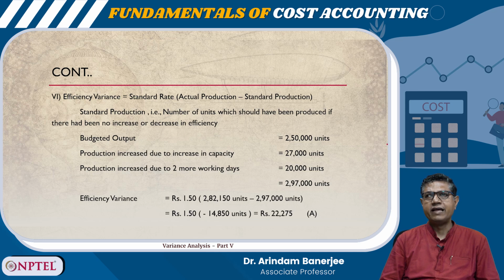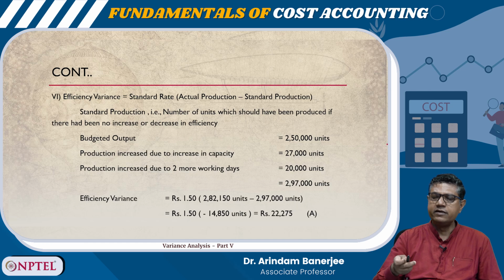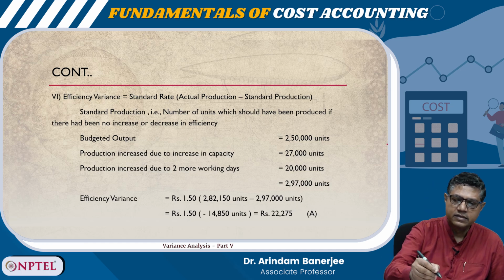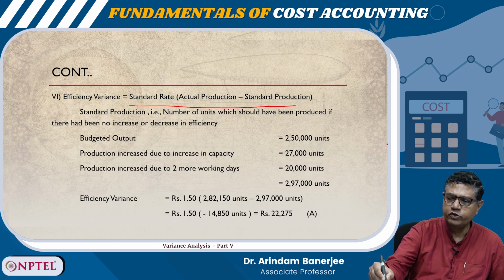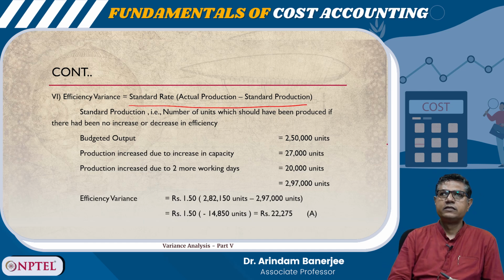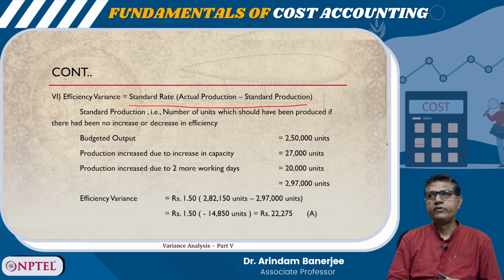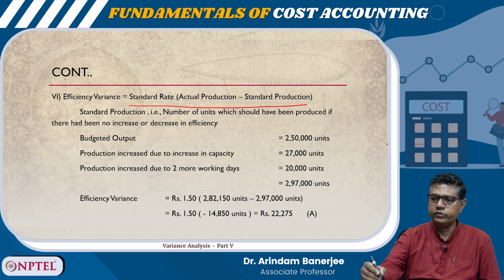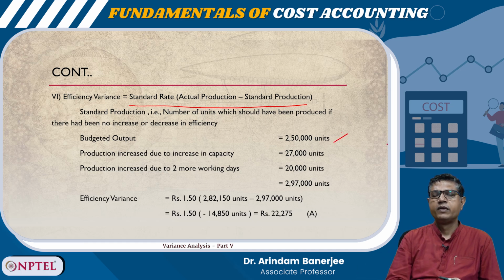Now, efficiency variance we can calculate by using this formula. Standard rate into actual production minus standard production. Standard production, that is number of units which should have been produced if there had been no increase or decrease in efficiency. Budgeted output is equal to 2,50,000 units. Production increased due to increase in capacity 27,000 units.